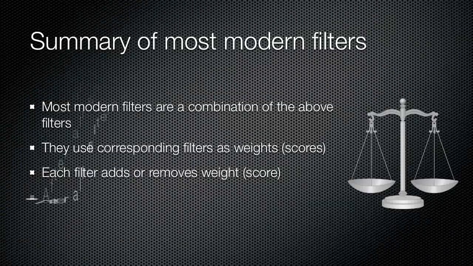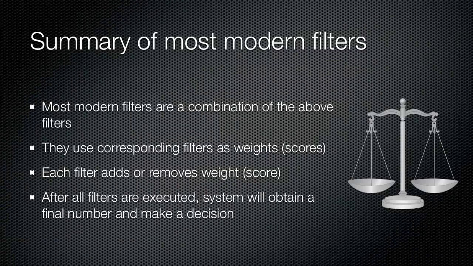And obviously each filter is going to add or remove weight. Some of them actually remove weight. For example, if you have a list of contacts and the from address of the email is in your actual contact list, then it's going to assign a negative score, meaning you know this person and his email is in your contact list.